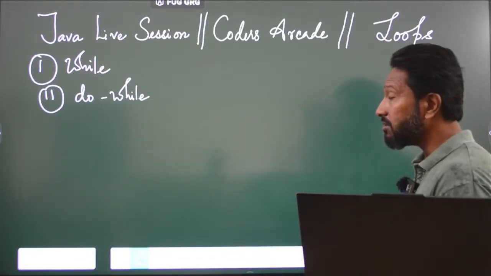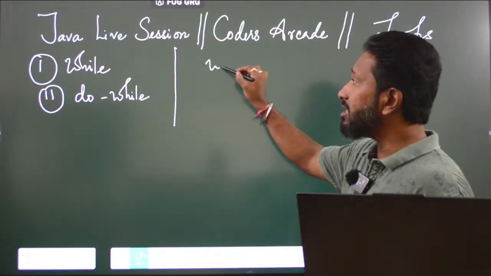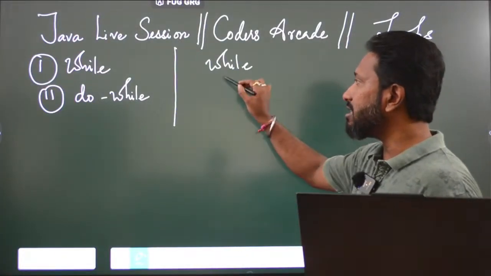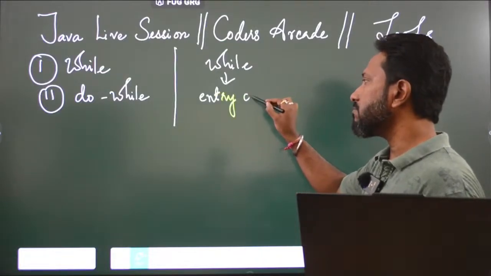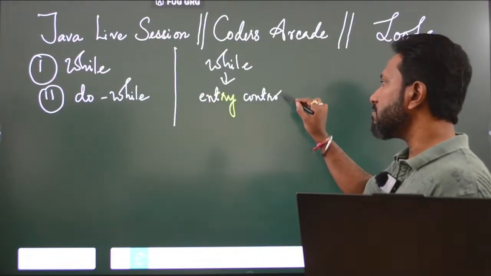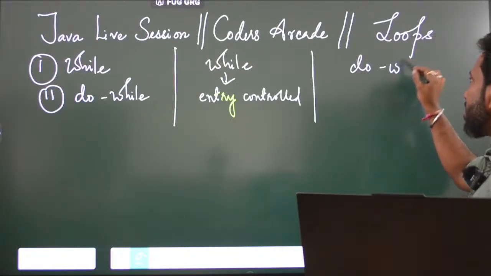Let me just tell you the difference. While is also known as the entry control loop, and do while is known as the exit control loop.